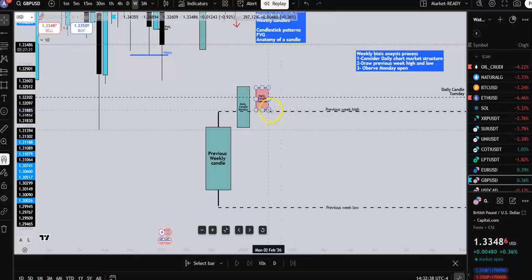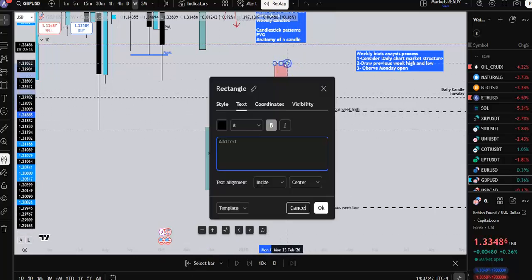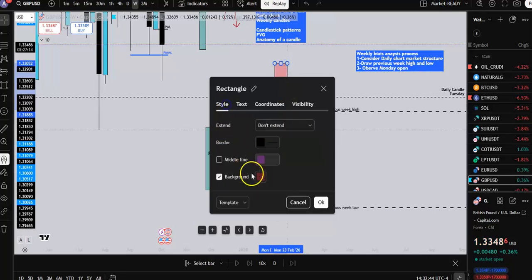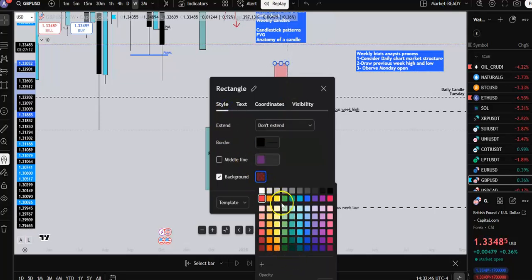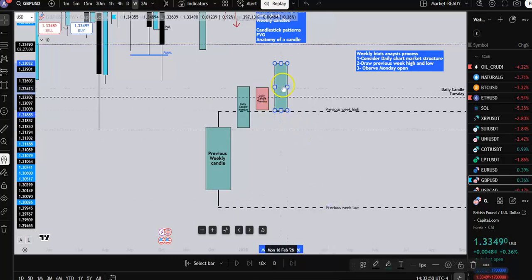Then we continue. The advantage of the daily bias here, so daily candle, this is Sunday, Monday, Tuesday, Wednesday. The advantage of the daily candle is we're taking a long position here.